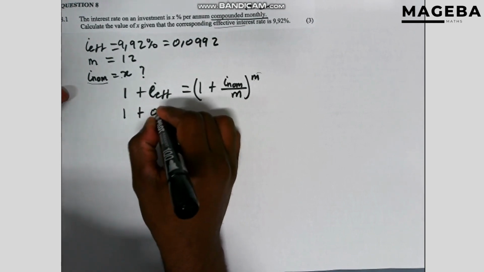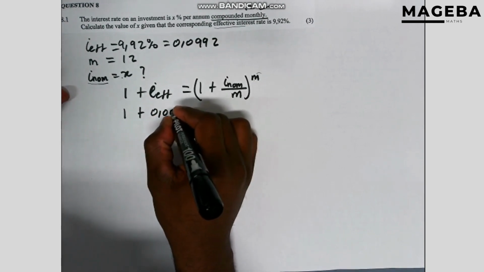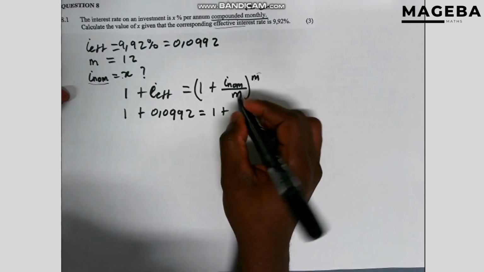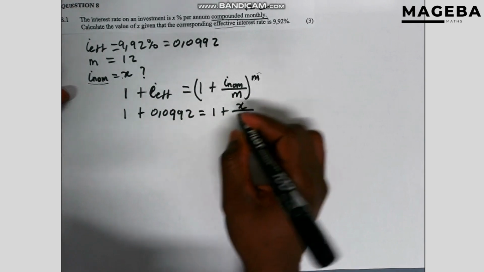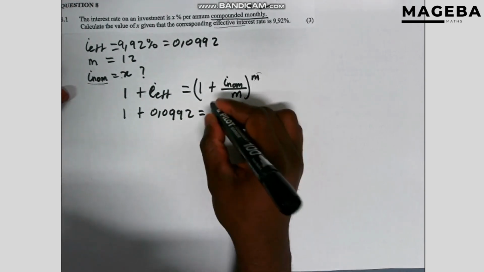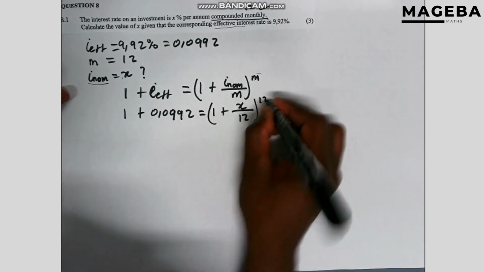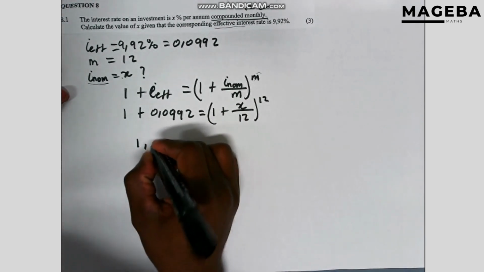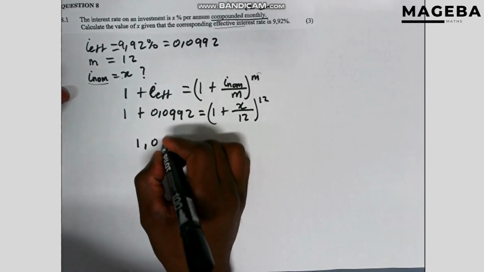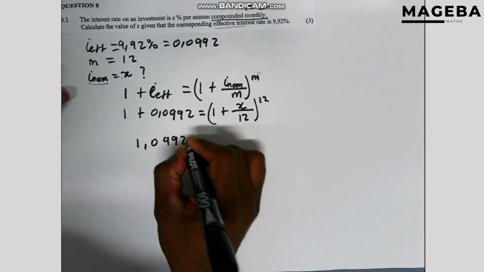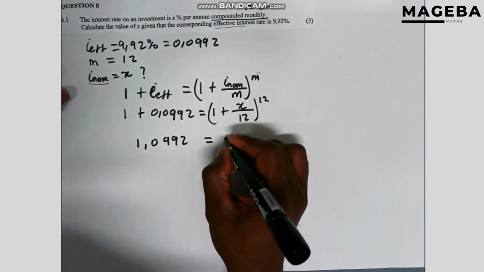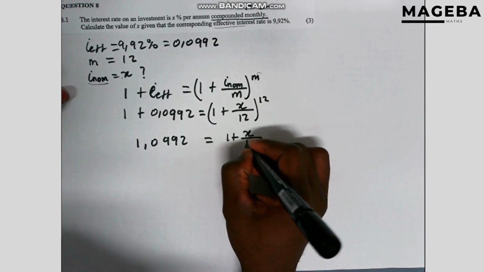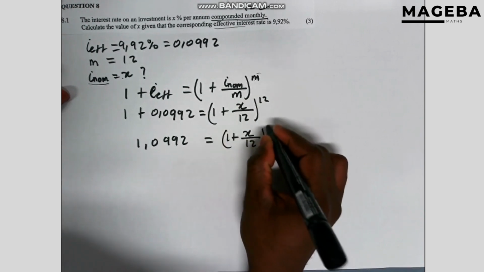So I'm going to have 1.0992 equals to 1 plus I nominal, which is X that we're looking for, all over 12, and then all this thing to the power 12, and we add this one, it's going to give us 1.0992 equals to 1 plus X all over 12 to the power 12.